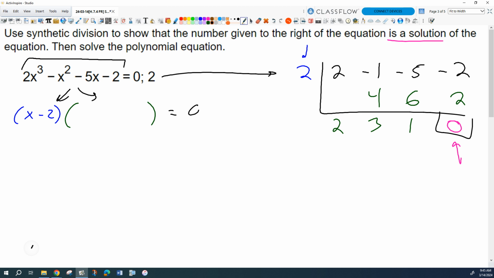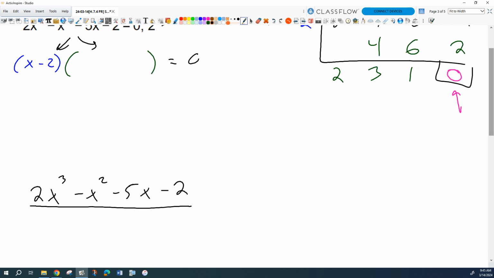So if I get my original polynomial, 2x cubed minus x squared minus 5x minus 2, divided by x minus 2 equals this guy, 2x squared plus 3x plus 1.